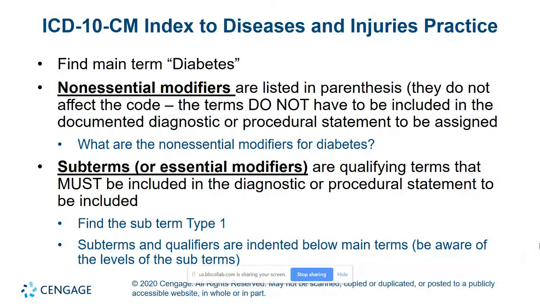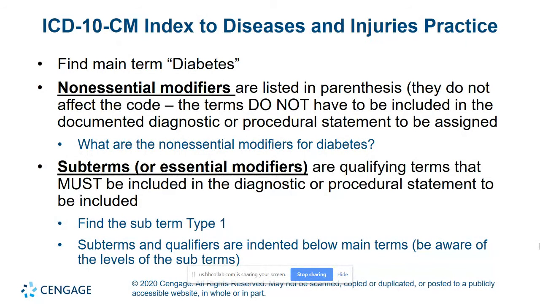So if we're still looking at diabetes, what are some of the essential modifiers or subterms that you see? Mononeuropathy. Find the subterm type 1.